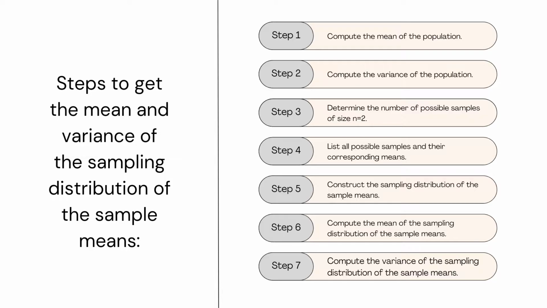Step 4. List all possible samples and their corresponding means. Step 5. Construct the sampling distribution of the sample means. Step 6. Compute the mean of the sampling distribution of the sample means. Step 7. Compute the variance of the sampling distribution of the sample means.